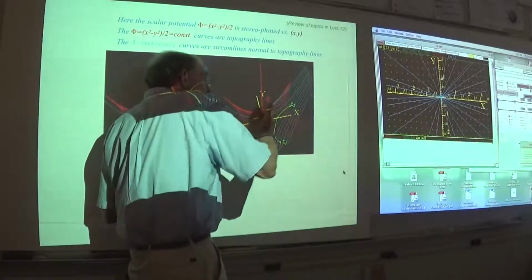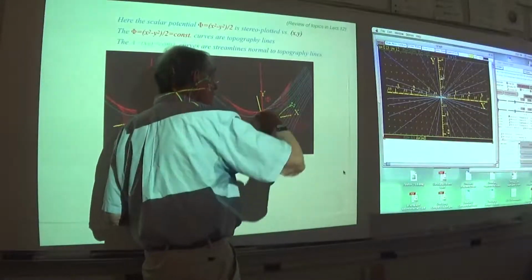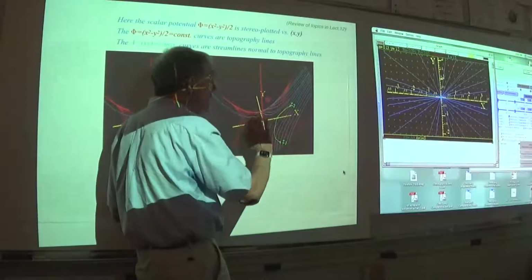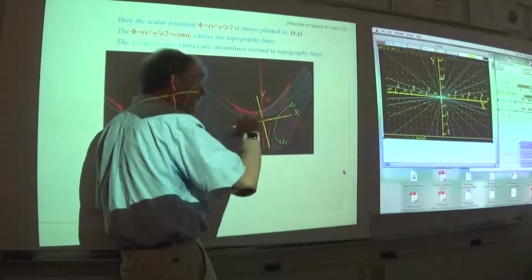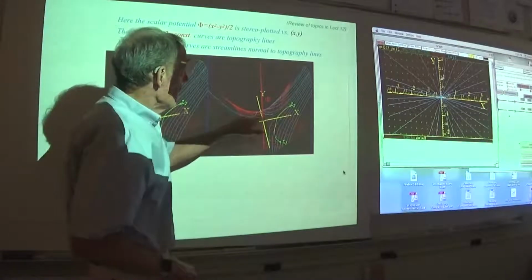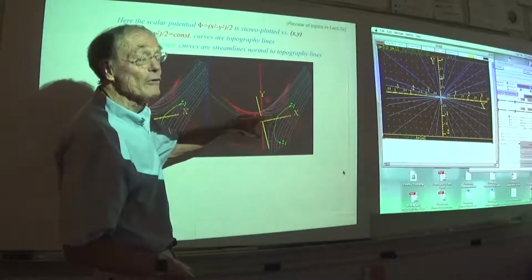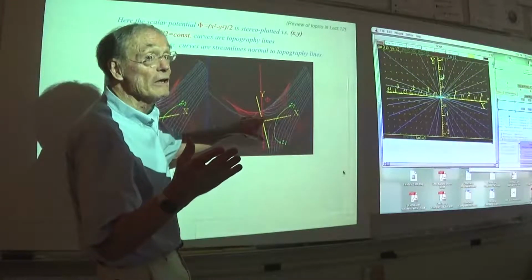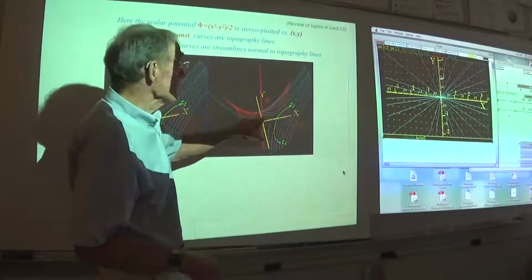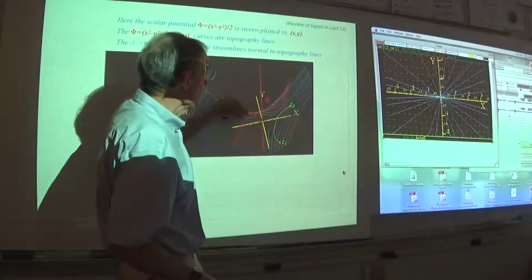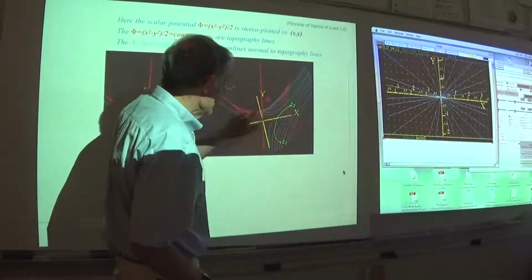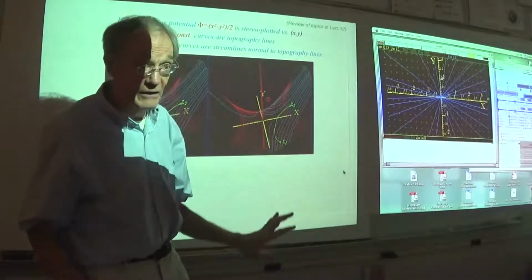And then, as I turn my hand into the screen, I have to cup it this way in order to keep my hand on the saddle, and that's a negative curvature. And they're both at this point. I'm measuring at a particular center point. Very obviously, the curvatures are canceling perfectly. I have just as much curvature up this way as I have down going in and out of the screen.